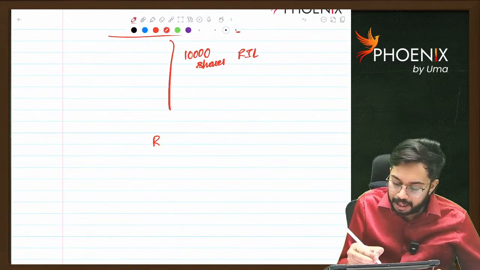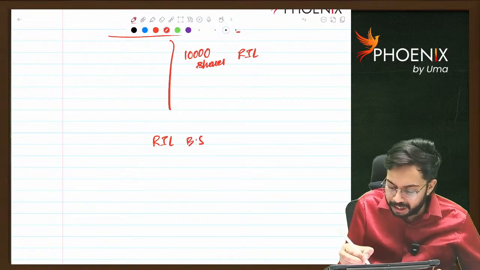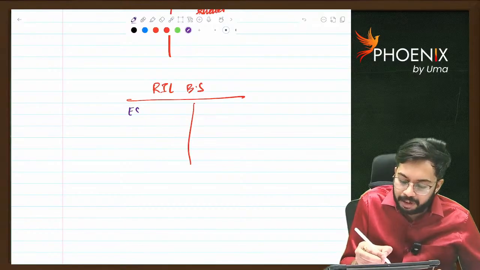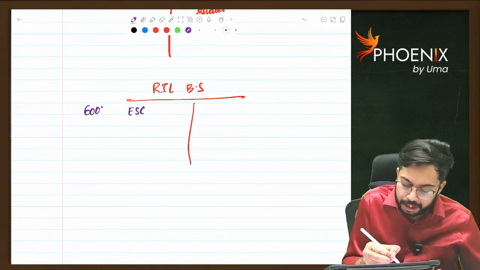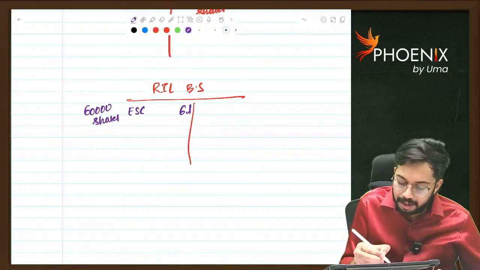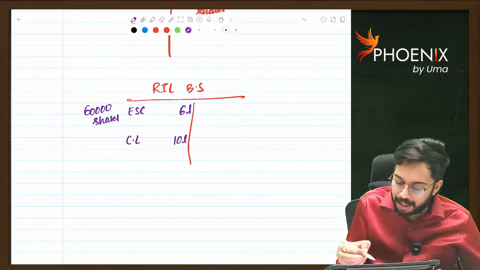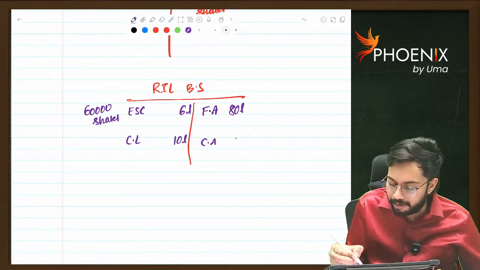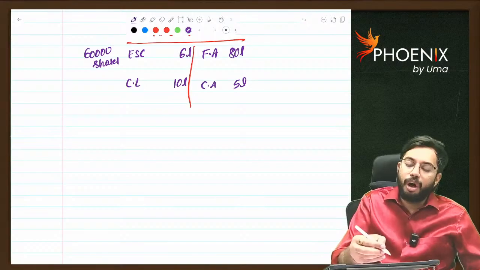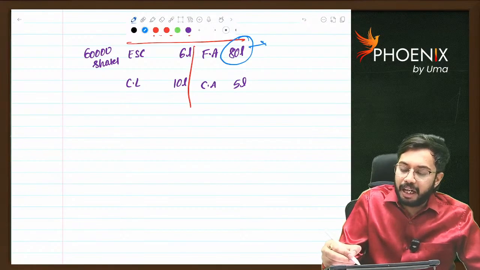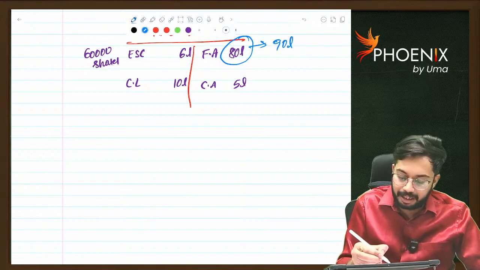Now, let's say Reliance Industries Limited balance sheet is there. In this balance sheet, let's say equity share capital 60,000 shares, 6 lakhs, current liabilities 10 lakhs, fixed assets 80 lakhs, current assets 5 lakhs. Now, what you will do? You will consider fair market value. Let's say fair market value is 90 lakhs.